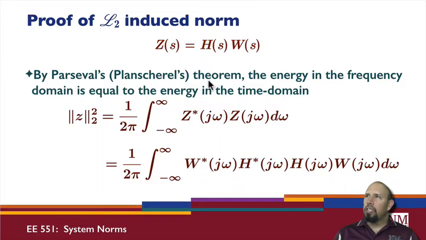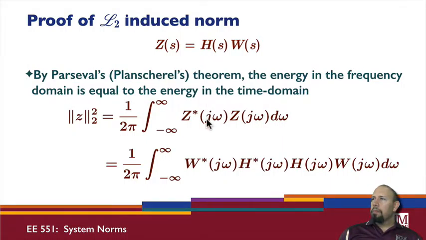But using Parseval's theorem, we can do that in omega, which is 1 over 2 pi times the integral from minus infinity to infinity, z adjoint of j omega, z of j omega. So notice z adjoint of j omega is the complex conjugate transpose. That's actually equal to the transpose of z evaluated at, instead of j omega, minus j omega, or the conjugate of this.